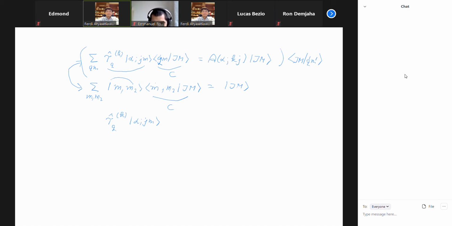Then we have the orthogonality of the Clebsch-Gordan coefficients, so that will pick up Q equal to Q prime and M equal to M prime. So I just call it Q and M. Then this must be given by J sum over JM, like this.